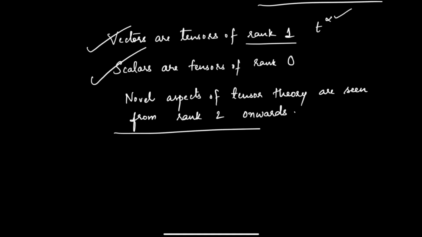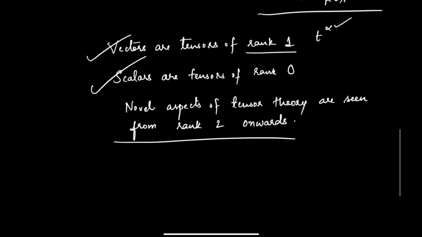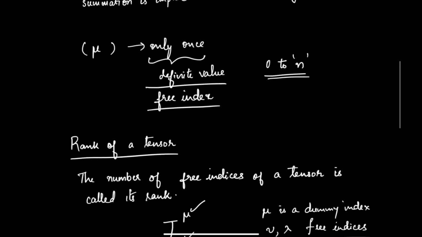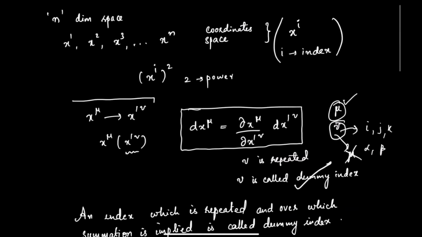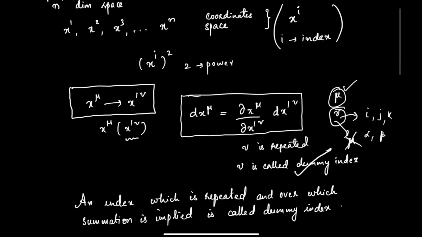2 onwards. Now, tensors are defined by means of their properties of transformation under coordinate transformation. So all this time we were explaining with respect to coordinate transformation, right? x mu going to x prime mu. So all the tensors are defined by means of their properties of transformation. What kind of transformation? Transformation under coordinate transformation.